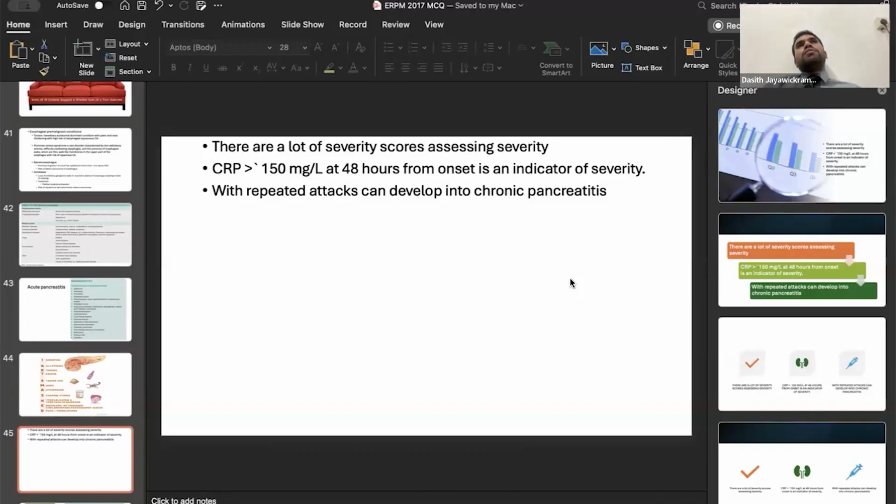So when you talk about local complications, it can be broadly classified as peripancreatic fluid collection and acute necrotic collection. The fluid collection is just some exudate fluid accumulating around the pancreas. Acute necrotic collection is where there's necrotic pancreatitis and part of the pancreas and the surrounding tissue is necrosed.